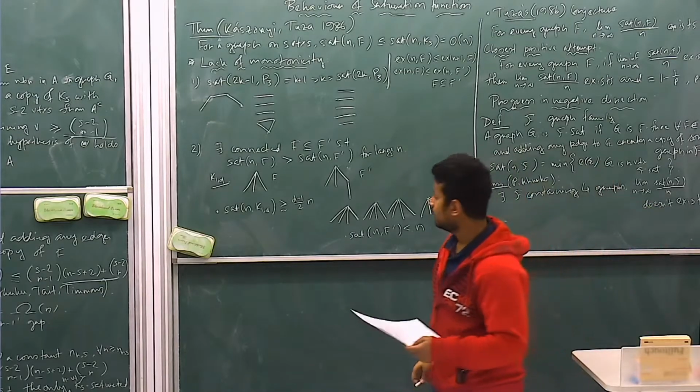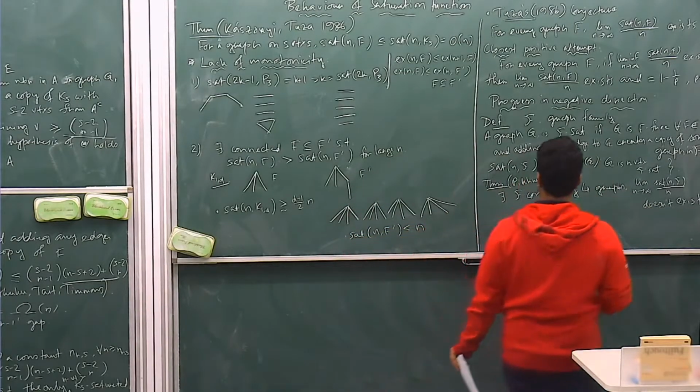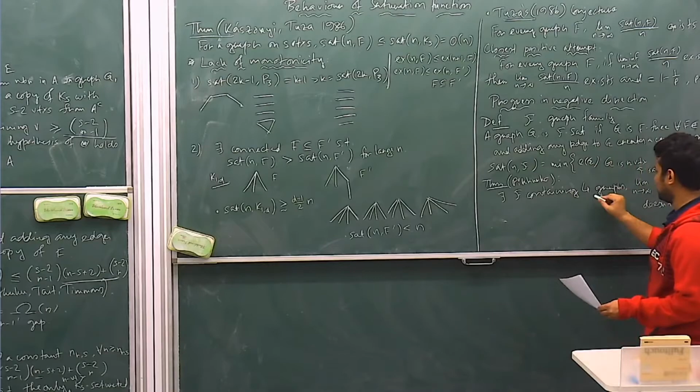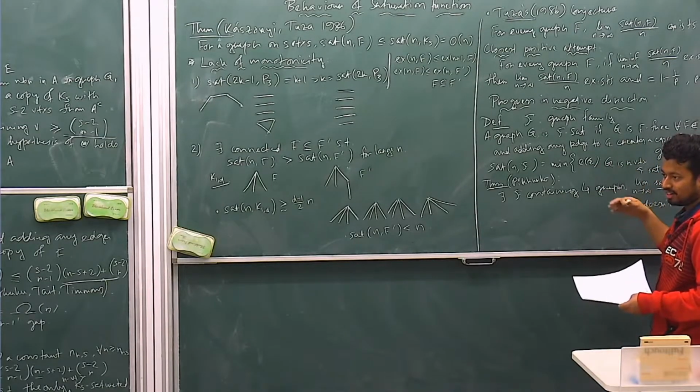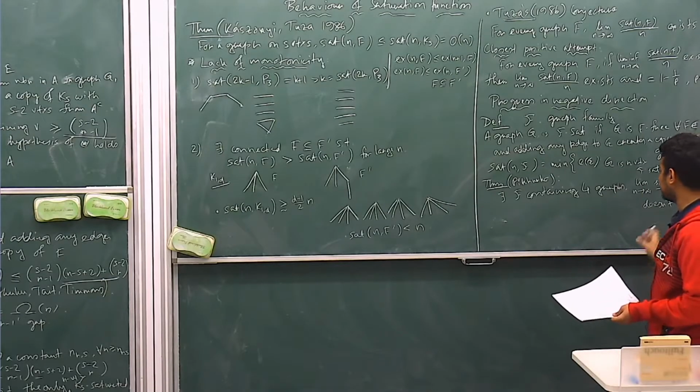Also, if you can prove it for some k, then it's true for anything higher than k as well, because you can just add some stupid graph to the family.